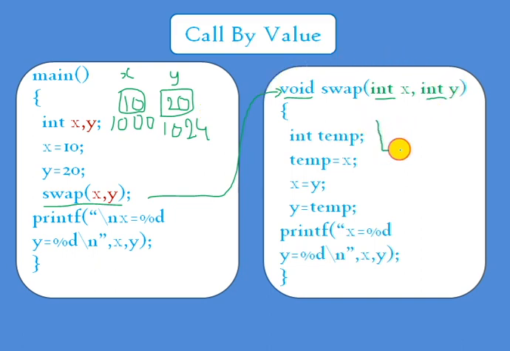That means here also I have some x, y variables, and what is x value? 10 we sent, and what is y value? 20 we sent. But the difference is, in the main function the x, y have memory locations 1000 and 1024, but we are sending only the values.